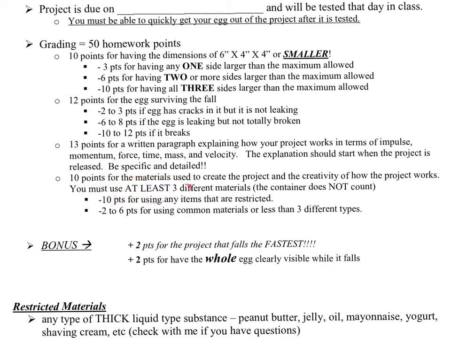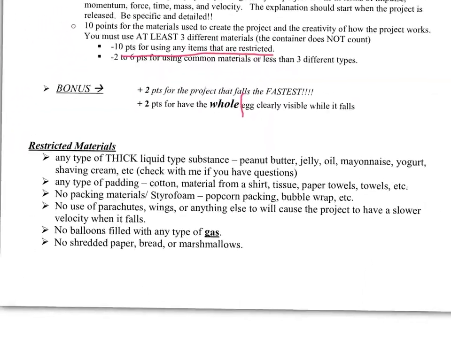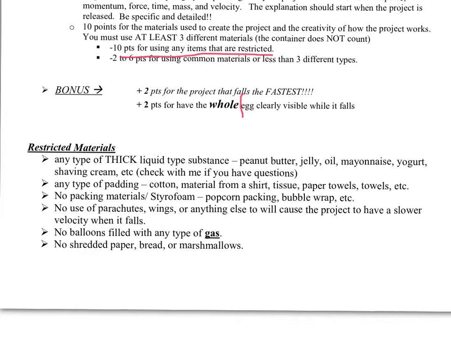And there was minus 2 to 6 points based off of the originality of your items. Notice it says minus 10 points for using items that were restricted from the list. If you look further down on the paper, you're going to see that there are some materials that you cannot use in your project, or you're going to lose all of those points.